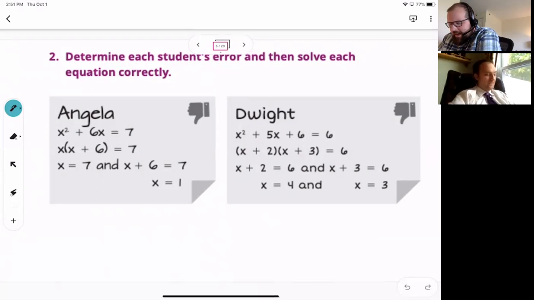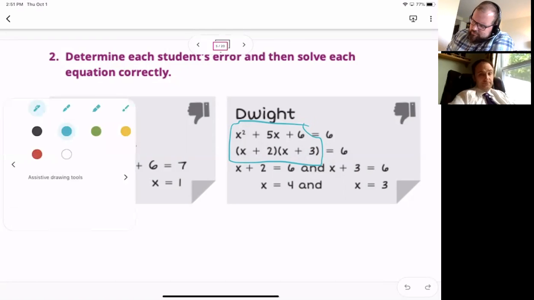So here they're talking about some errors, and what I'm really interested in is not the error in the factoring step, which in both cases they did okay. And again, we're not worried about that right now. So you're talking about the two parts that I'm outlining in blue here. Those are actually good mathematical steps in terms of how they did them.